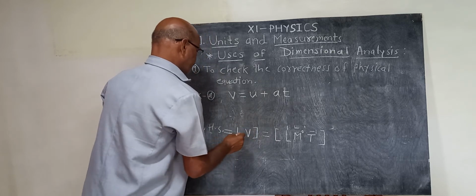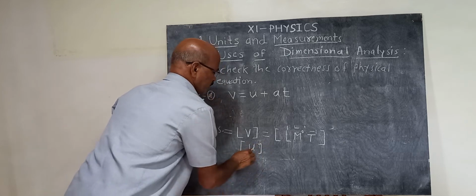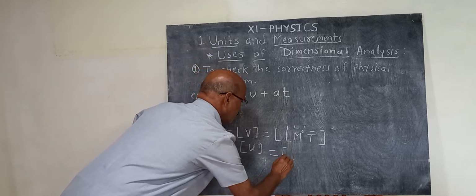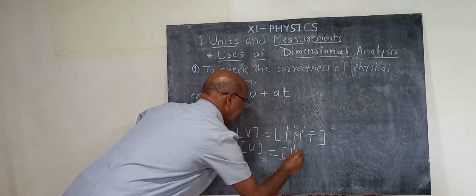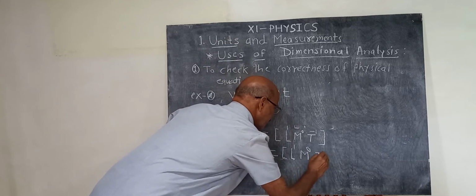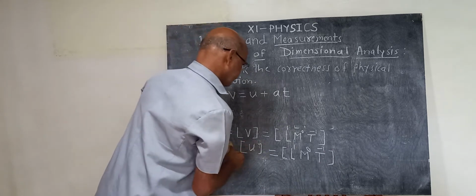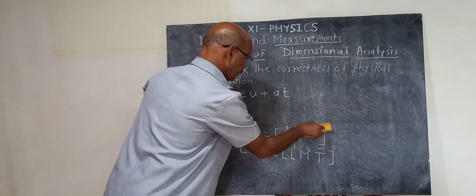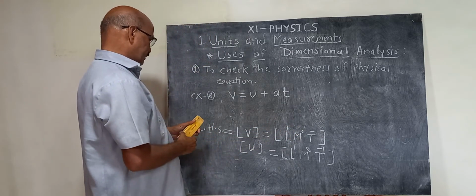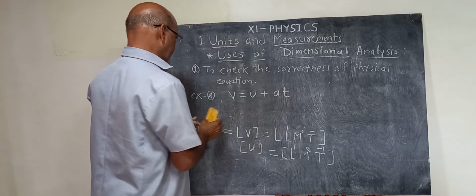So the dimensions of initial velocity, denoted by letter U, are [U] equal to 1 in length, 0 in mass, and minus 1 in time. Then the third term at the RHS is AT.